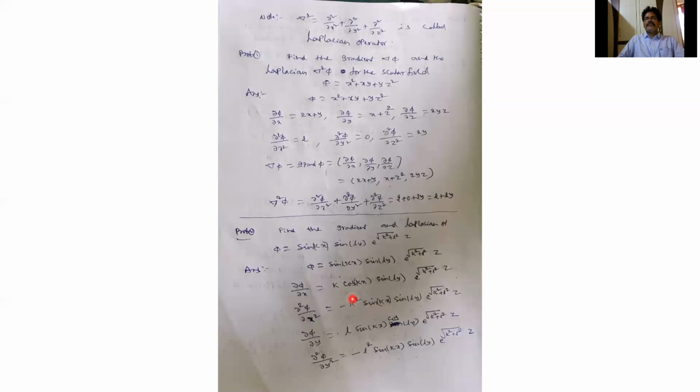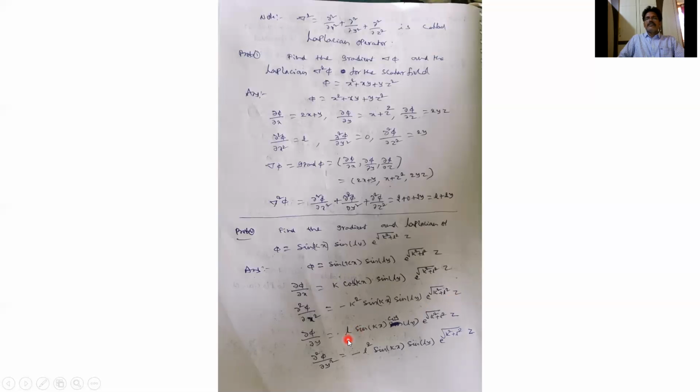Already k is there, so we get k into k, that is k². The rest is constant because y and z are constants, that is sin Ly e^(√(k²+L²) z). Finally we get ∂²φ/∂x² = −k² sin kx sin Ly e^(√(k²+L²) z).